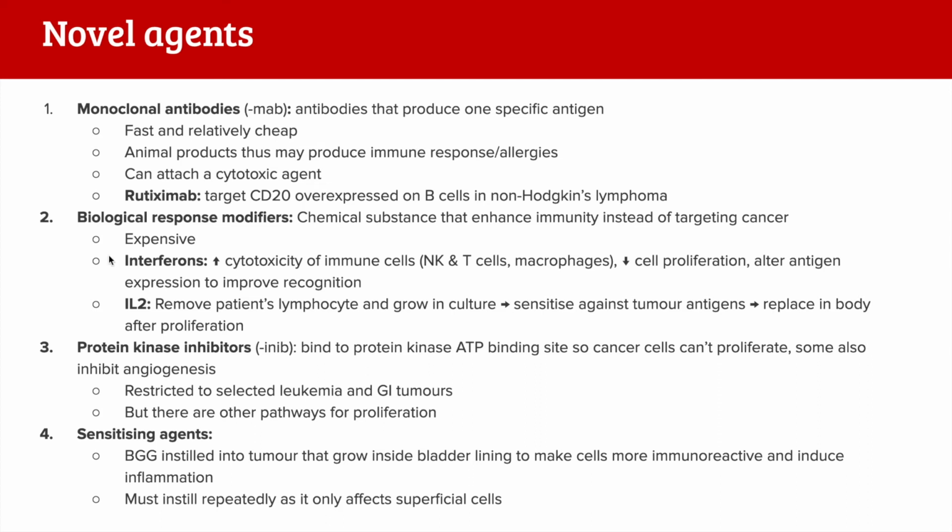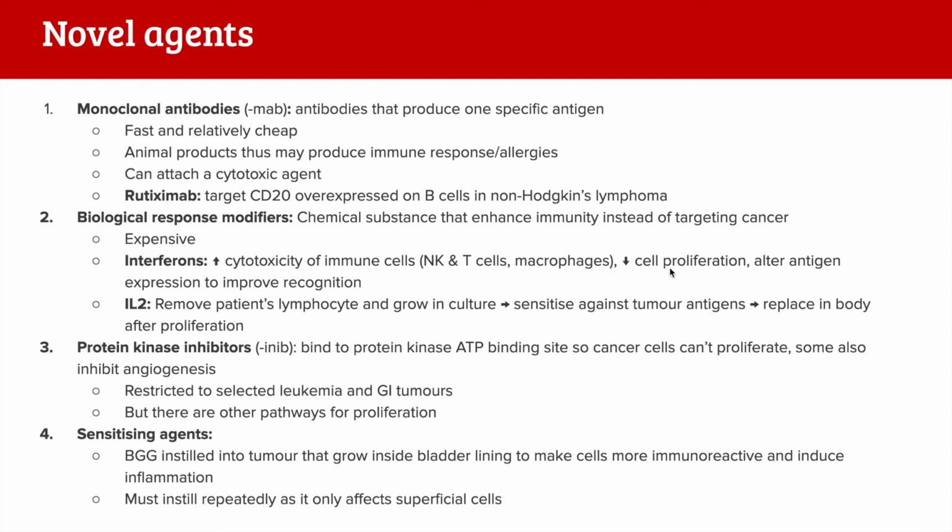And then the next one is biological response modifiers. So instead of targeting the cancer cells, we try to boost our own immunity. And apparently they're expensive. So there could be interferons or IL-2, and these are of course our signaling molecules. Yeah, and apparently these can have three functions. First, they increase the cytotoxicity of our own immune cells, which are our natural killer cells, our T cells and our macrophages.